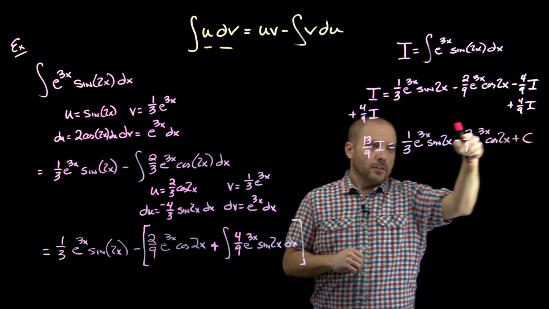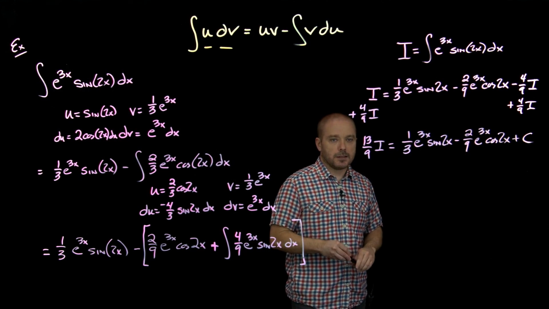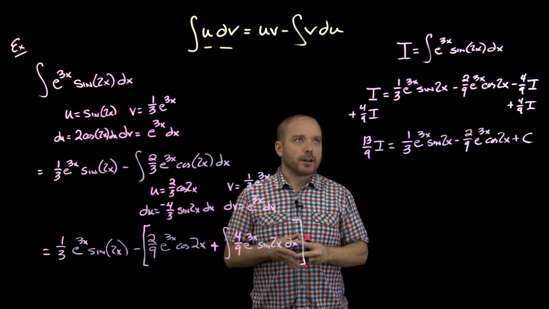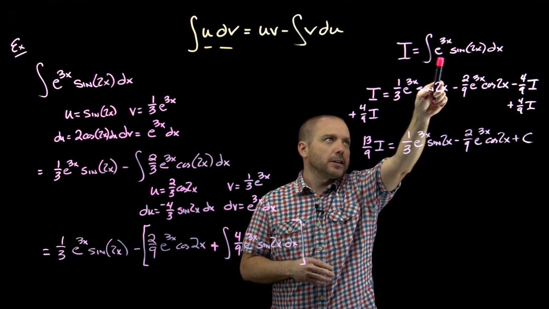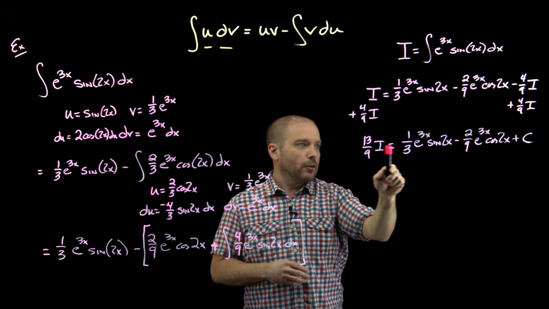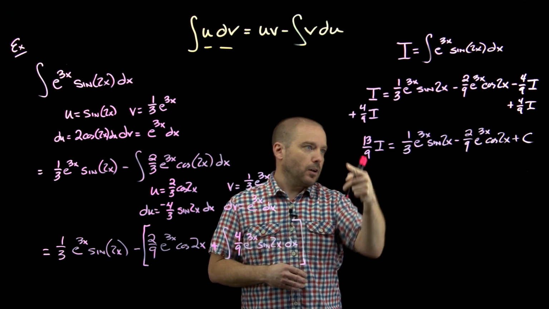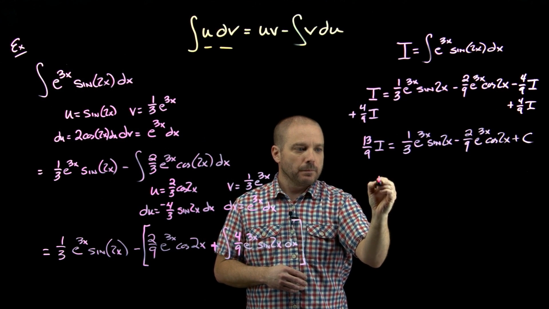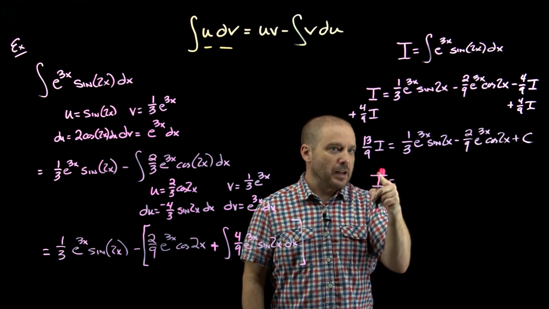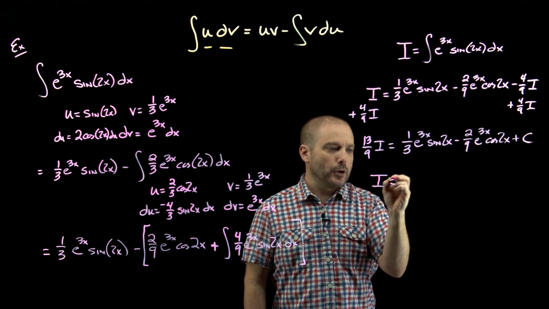And now there's no integrals left over here, so I am going to finally write plus a constant. Now we're not quite done. What did we want to know? We wanted to know what is I. What does this integral equal? Well, 13/9 of that integral equals this. So let's multiply by 9/13 on both sides, just like we were solving an algebra equation for I. So it's 9/13 times 1/3.